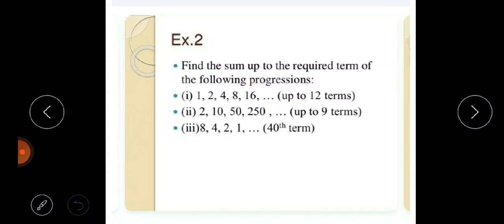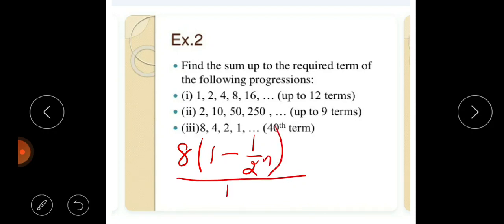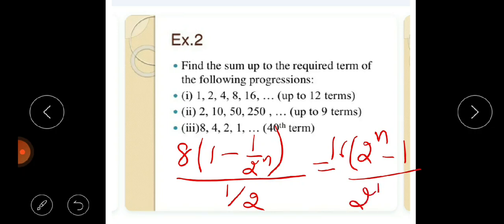So its formula is A into 1 minus R raised to power n upon 1 minus R. That means 8 into 1 minus half raised to power n upon 1 minus half, this is half. So this 1 by 2 goes up and multiplies. That means this becomes 16 into, taking the LCM here, 2 raised to power n minus 1 upon 2 raised to power n. So put the value of n, that is 40. So that's your answer.